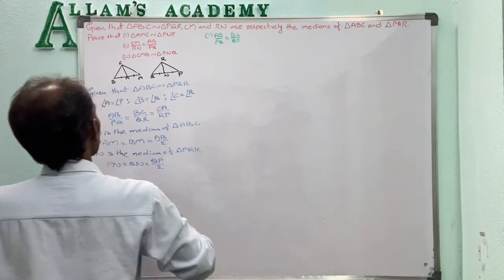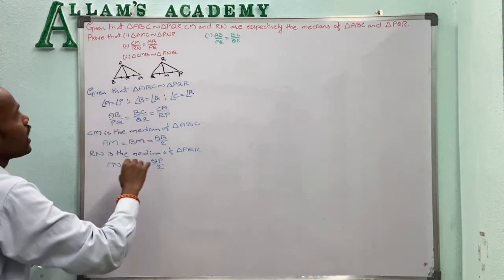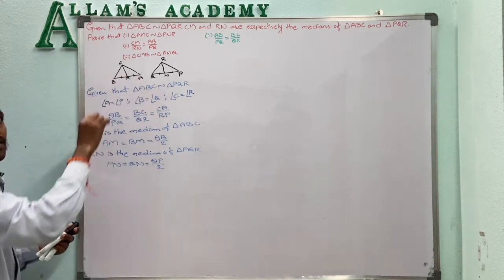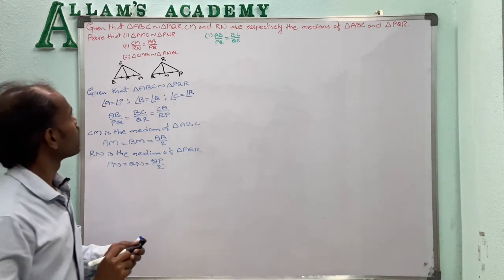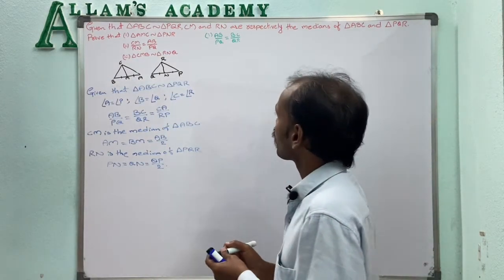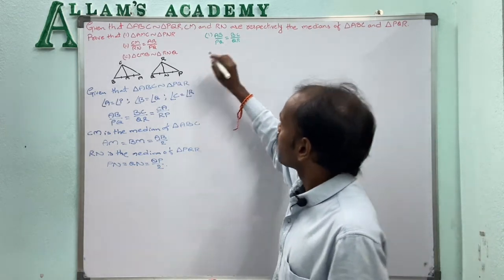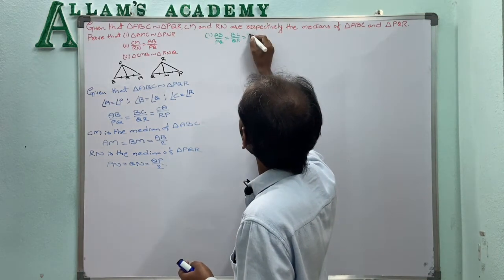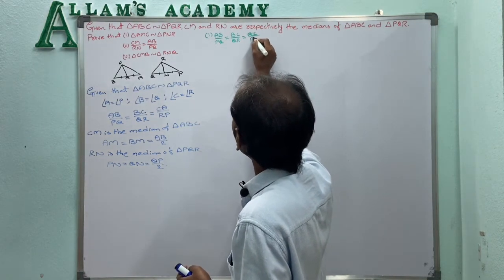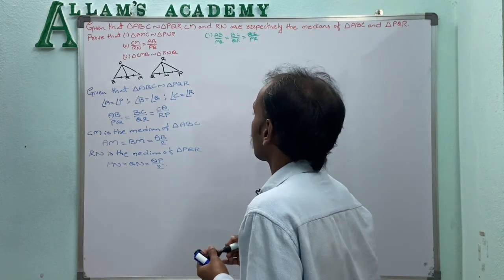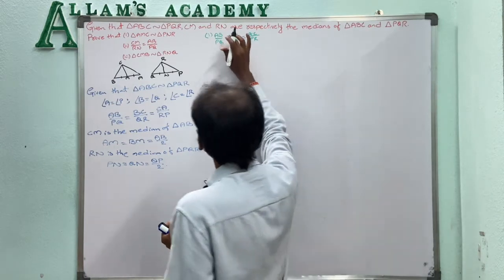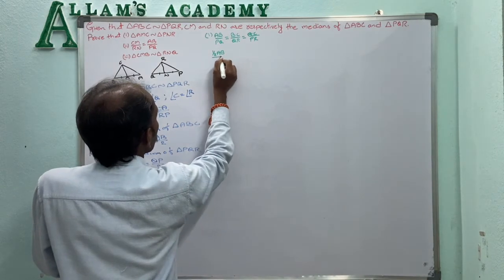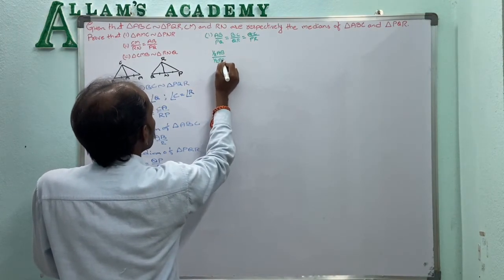Here, AMC means AB to half, that is AM coming, and here CM by AC by PR, that is also taken. Now in the place of AB, we take half AB by half PQ.